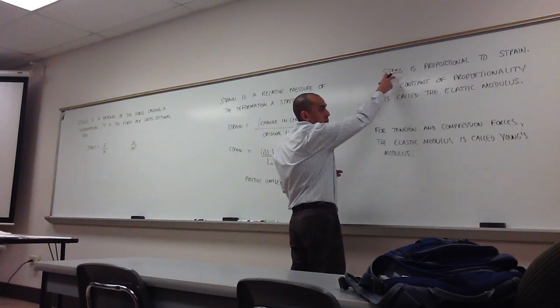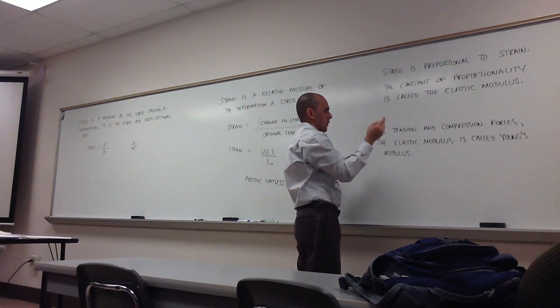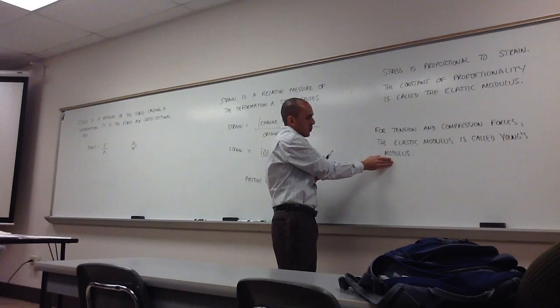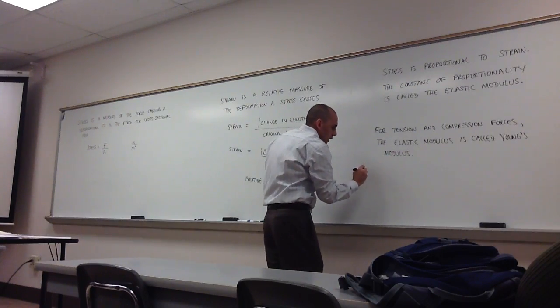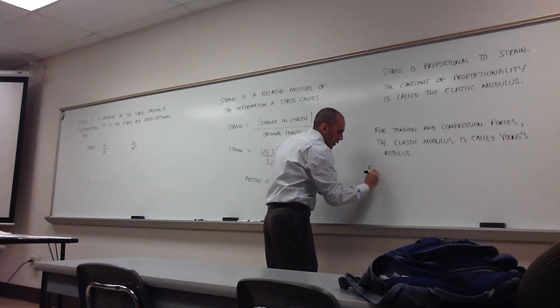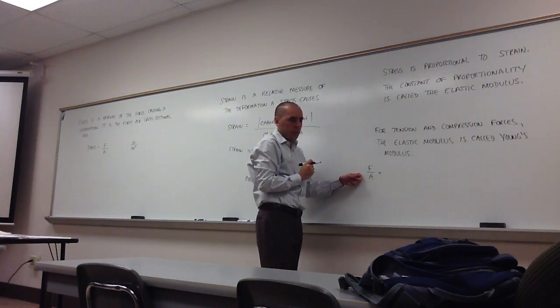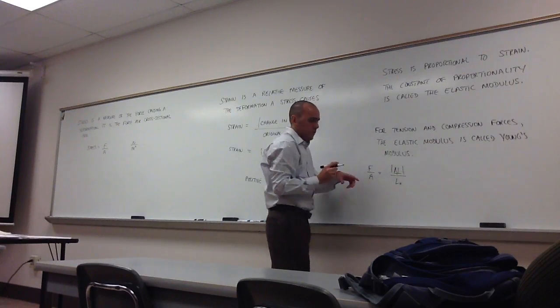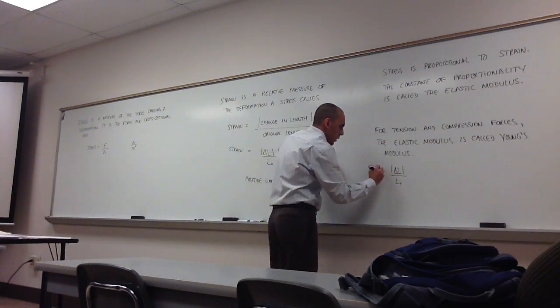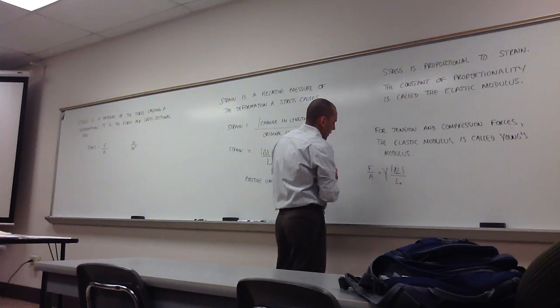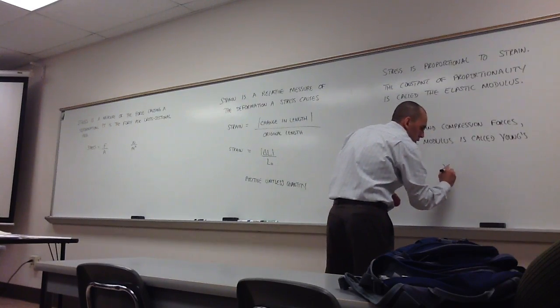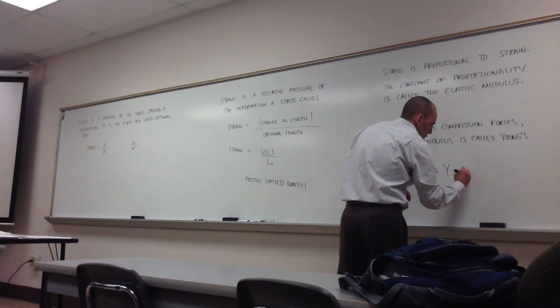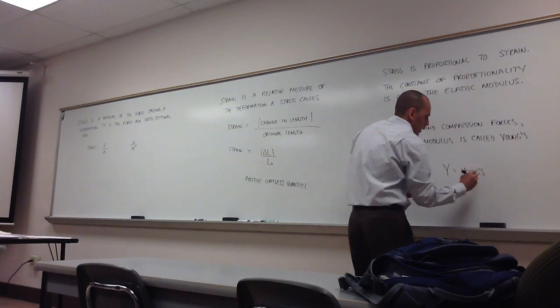And if the stress is proportional to strain, with this being the constant of proportionality, that just means that the force per area, the stress, is proportional to strain, which is delta L over L naught. The constant of proportionality just gets multiplied by the strain, where this Y is equal to Young's modulus.